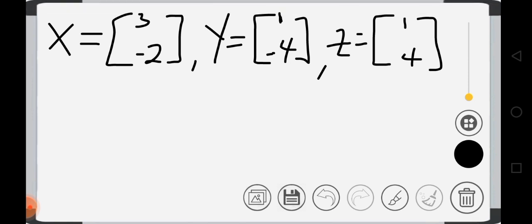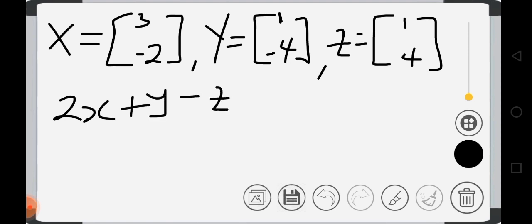Okay, let's say find the value of 2x plus y minus z.